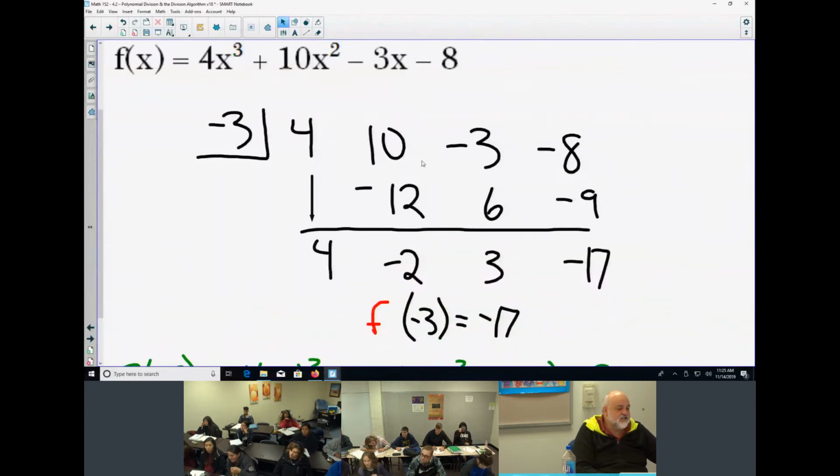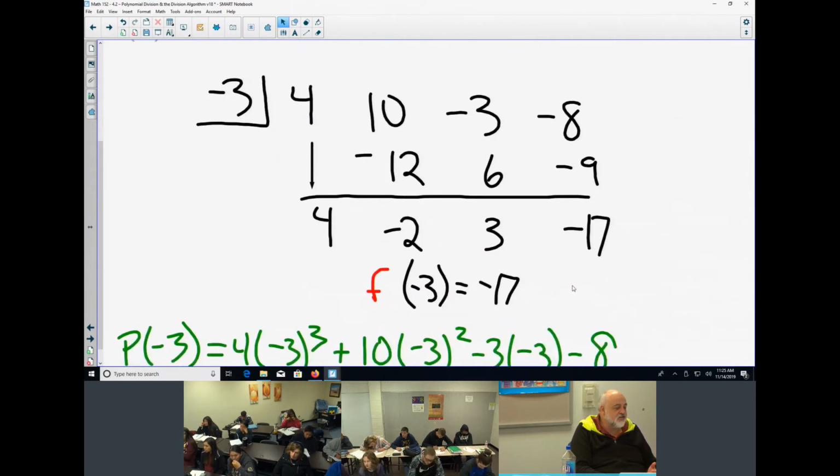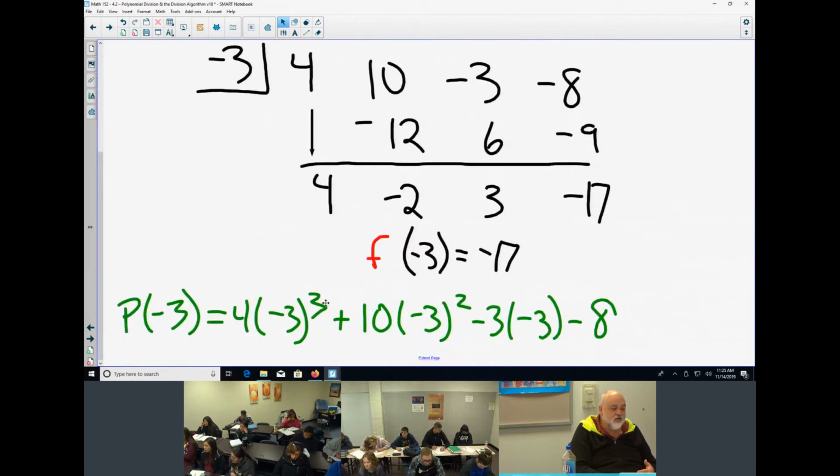And so see the math required here, adding and multiplying. I mean, it's actually pretty easy math. Whereas if you had to start plugging stuff in and cubing it, this math can get really crazy right away, and you might need a calculator.